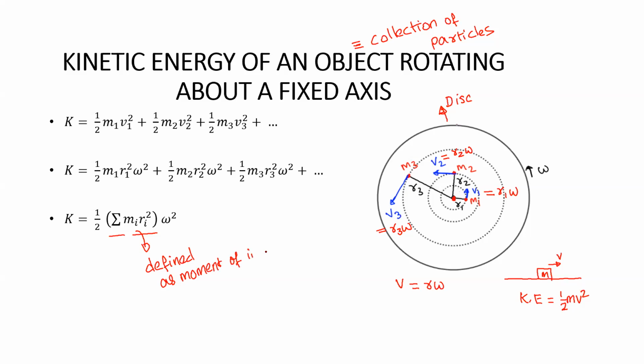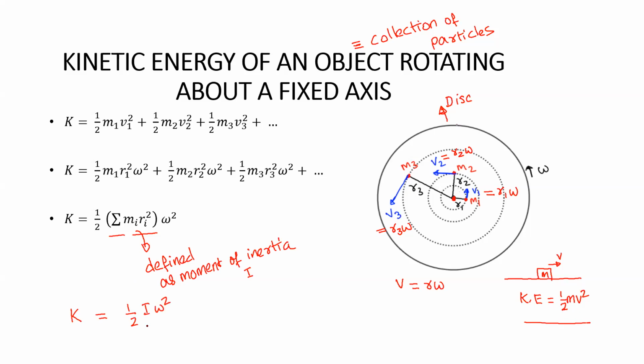Now, if you look at the simple block at the bottom here, the kinetic energy is written as half mv square. The symbol that is used for moment of inertia is I. So for the rotating disk, the kinetic energy is half I omega square.